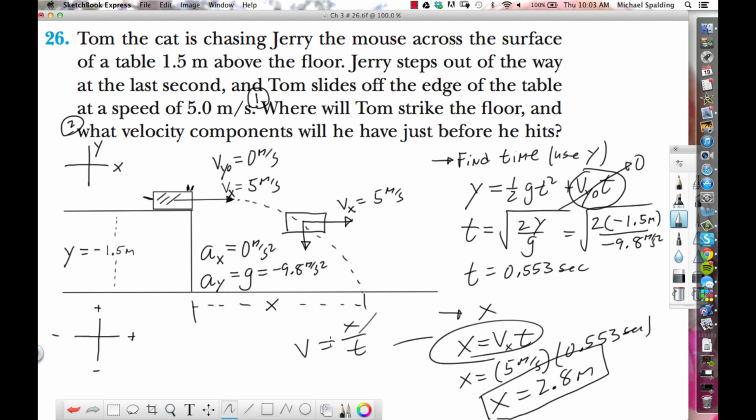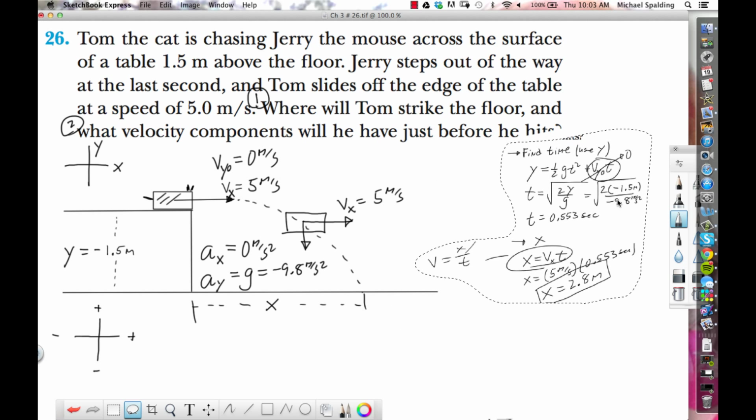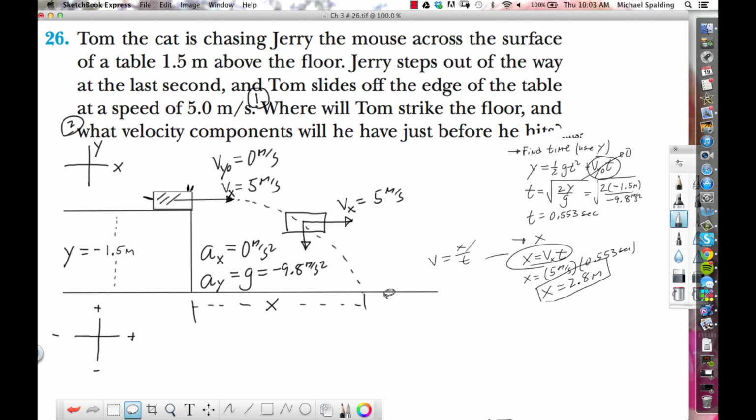Is everybody good on that? Now, the next part: the velocity components he'll have just before he hits. So let's shrink this down and stick that up there. What do they mean by the velocity components right before he hits?